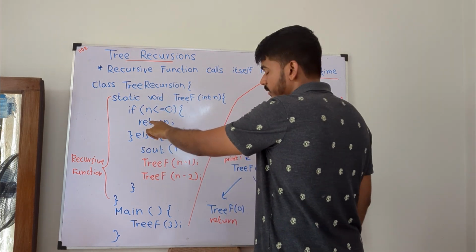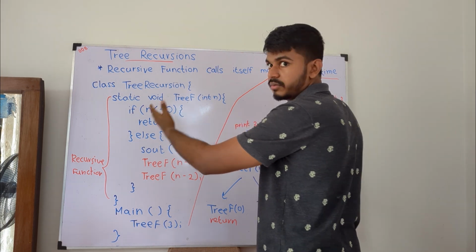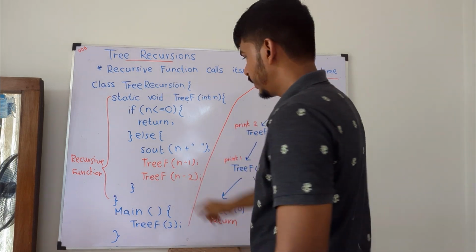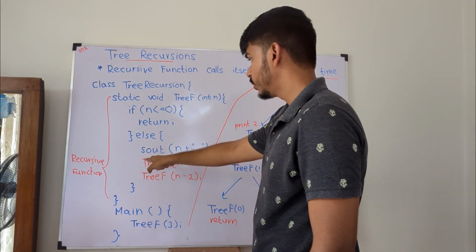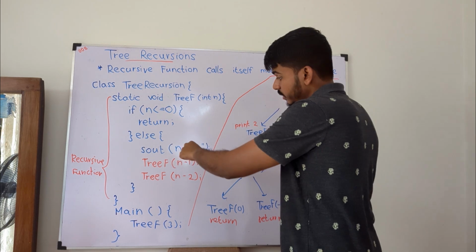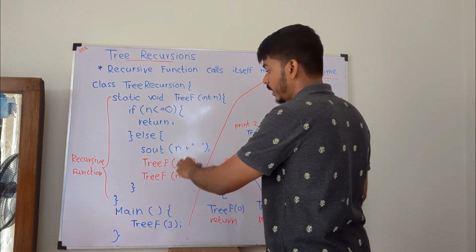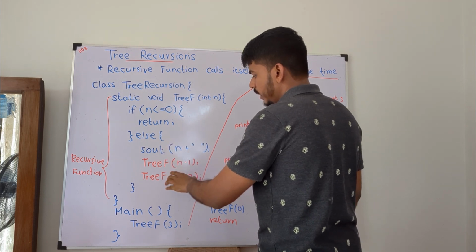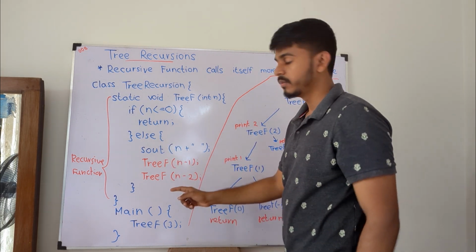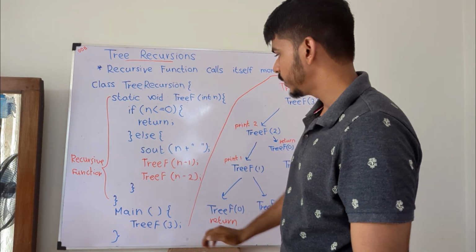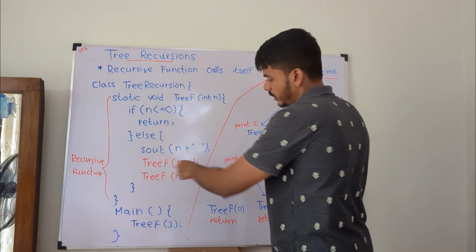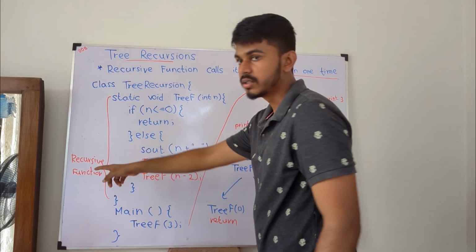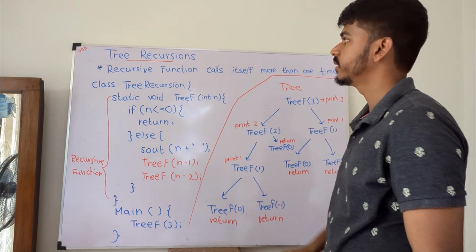If it is, then simply return from the function, which is the base case. Otherwise, print that number. Then after that, go to the recursive function by subtracting 1 from the number we inputted, and after that again go to the same function again by subtracting 2 from the number we inputted. So here you can see the recursive call has happened 2 times within the recursive function. So this is a tree recursion.